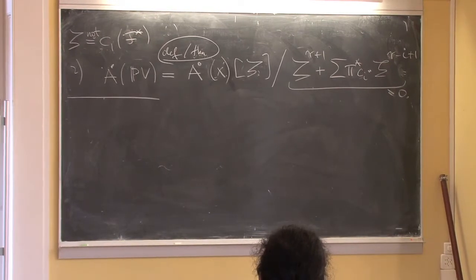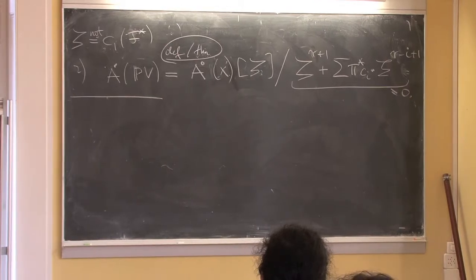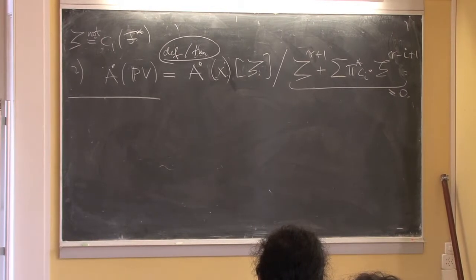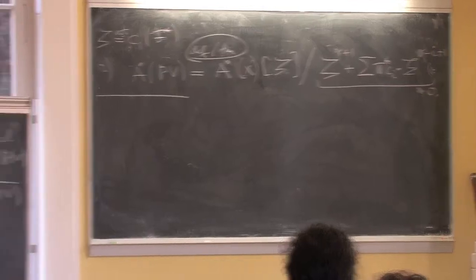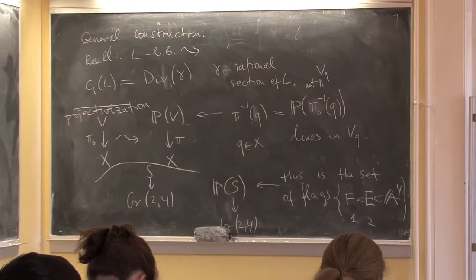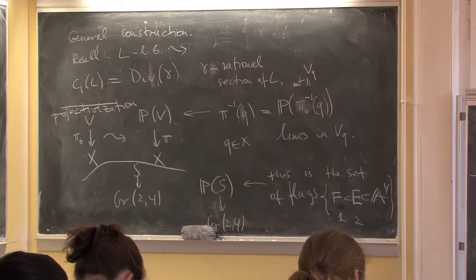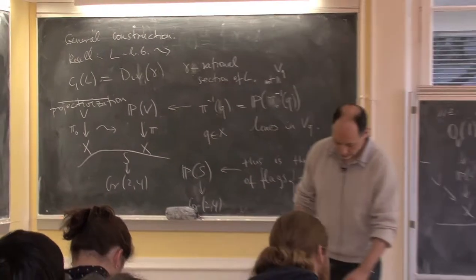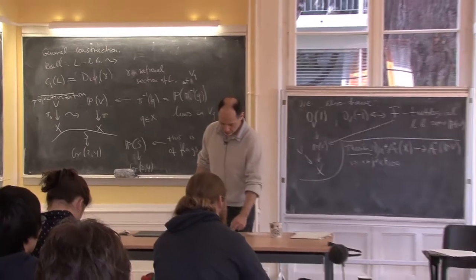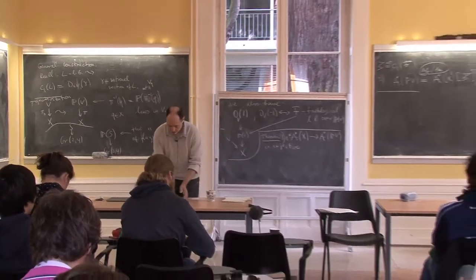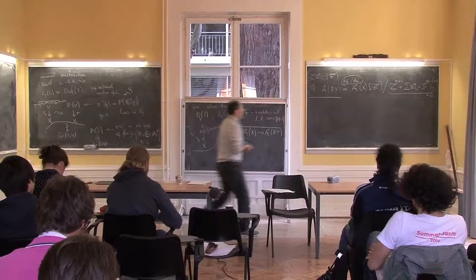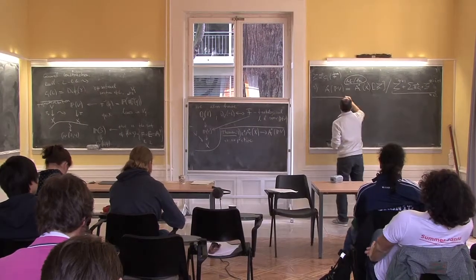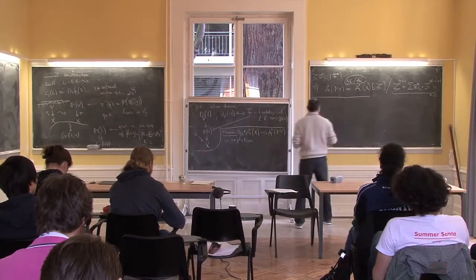Okay, so this is just to give you an idea what the general construction would be. And so now maybe just to finish, I would like to give you sort of another point of view on the previous story a little bit. So now I have to get these numbers right. The question is the following.